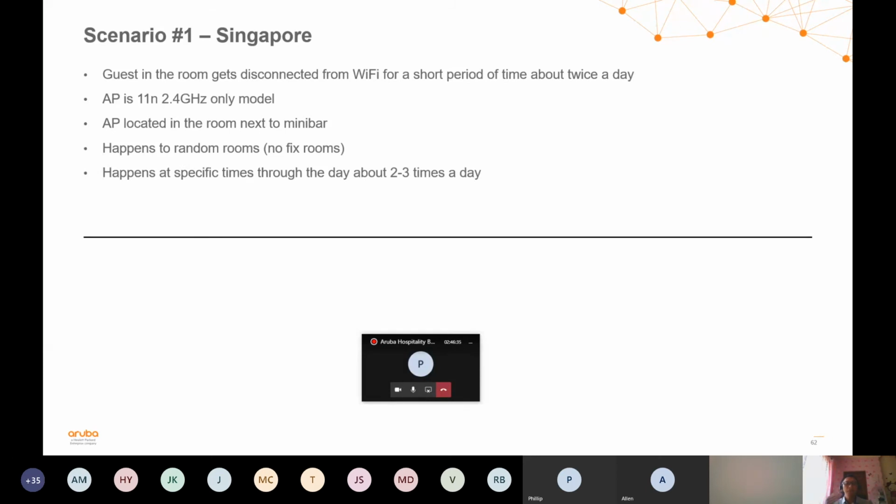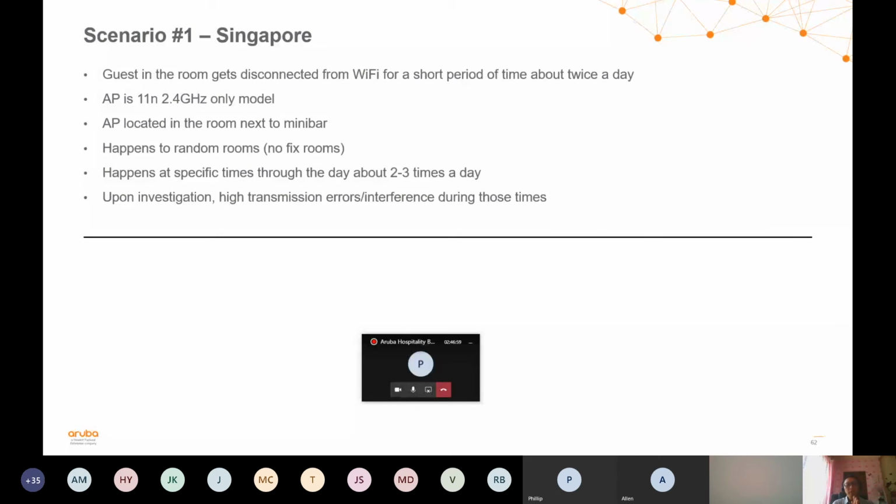And it happens at specific times of the day, about 2 or 3 times. As I said, it's going to point me to certain things that I'm going to look for, like in this case, external interference, and what channels are in play.